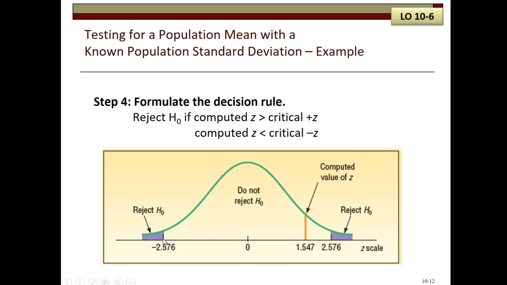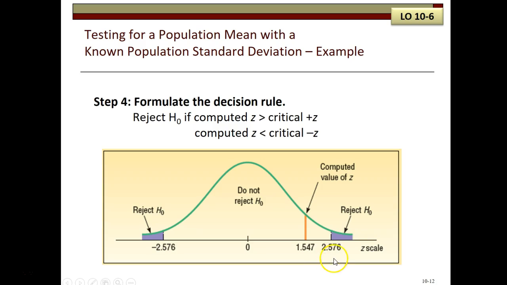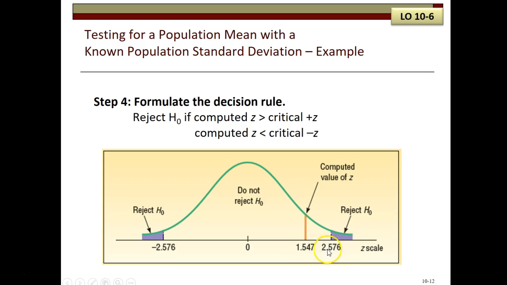In this case, based on our z values, it could also be a t, but based on our z values, they're out here. Then we calculated what the z is based on the information provided, based on the sample of 50 that we took, and we got this 1.547. Remember, 1.547 is less than 2.576.